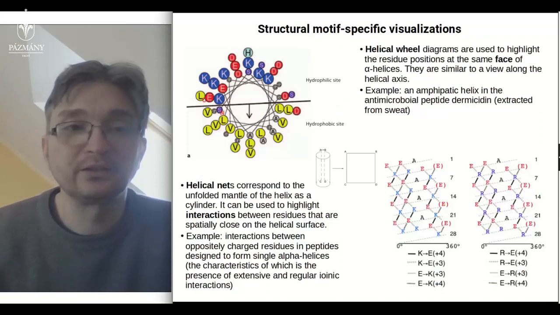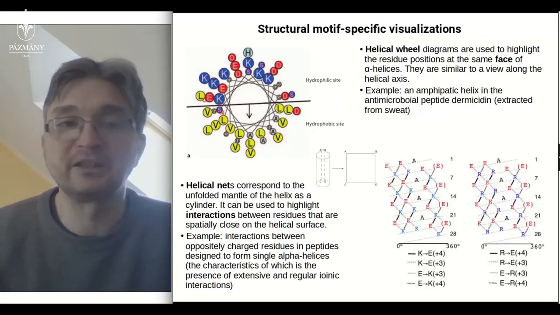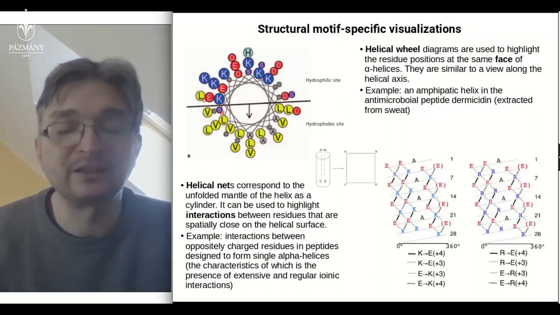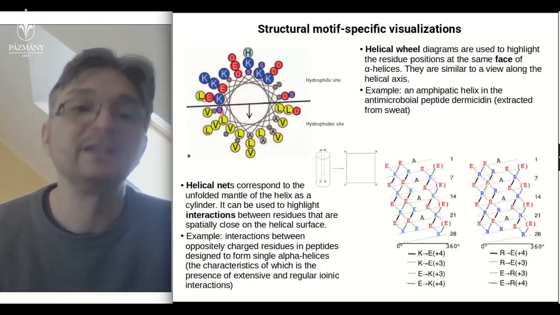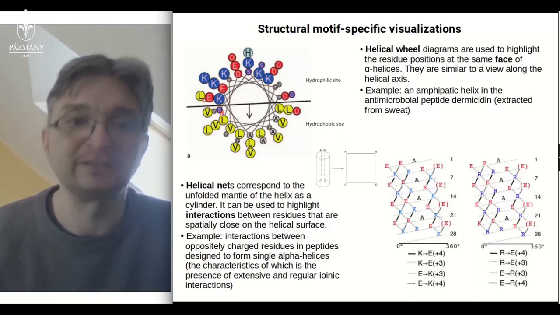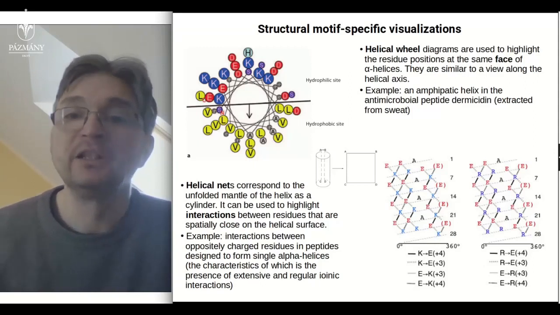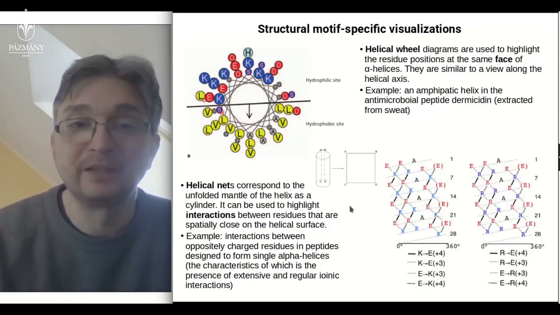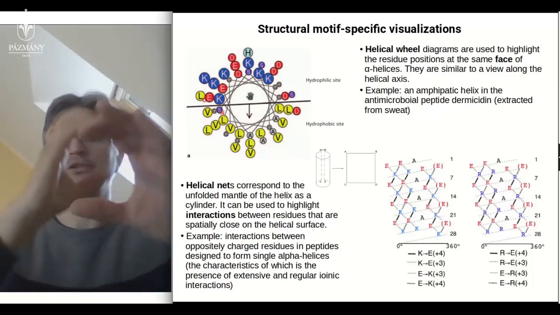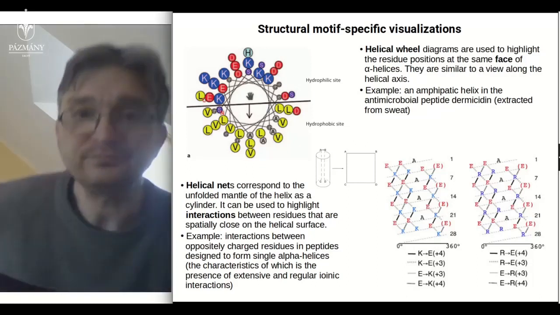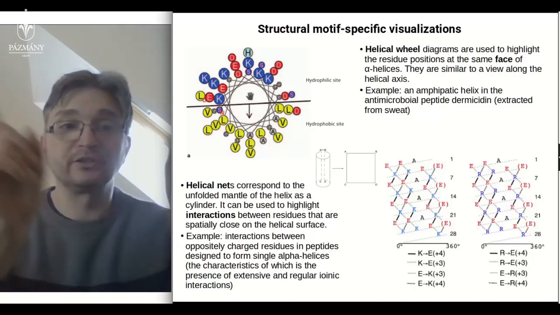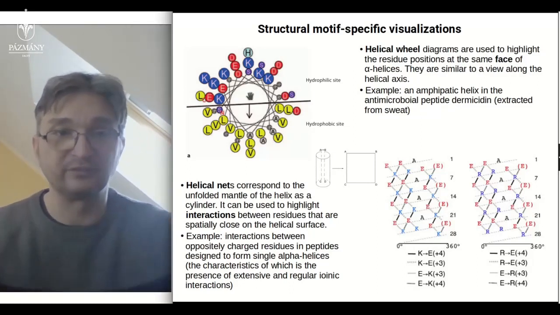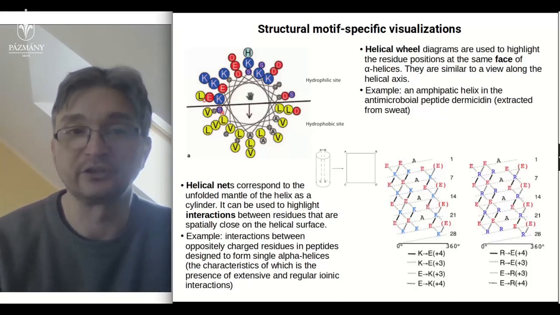I would like to say a few words about representations or visualizations that are specific to given structural motifs, especially alpha helices and related motifs. The so-called helical wheel diagrams can show a helix viewed along its axis, and they emphasize the residues on the surface and the relative positions of the residues on the surface.